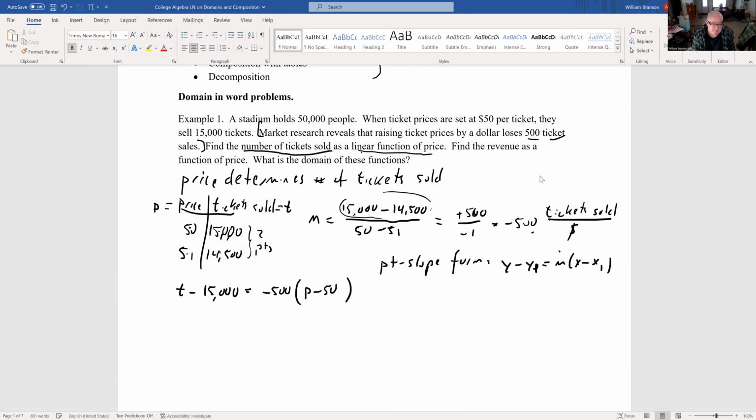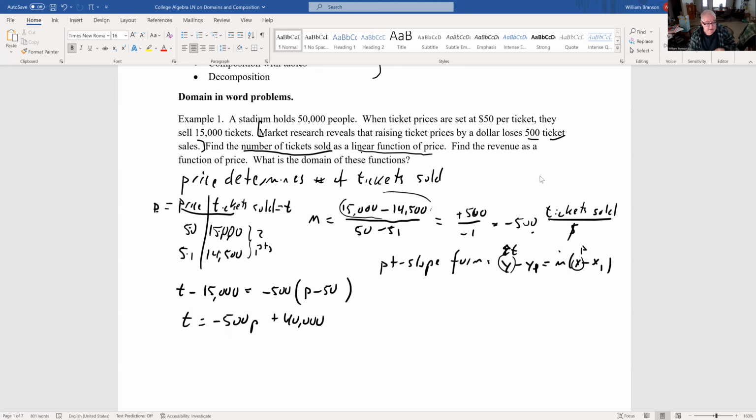M is minus 500, and I'm going to use P for price, so I'm using P instead of X, and then I'm using T instead of Y. Okay, and if you solve that for T, you get T equals minus 500P plus 40,000.